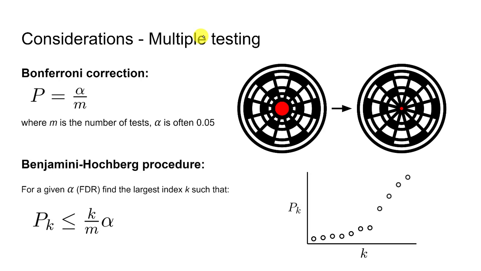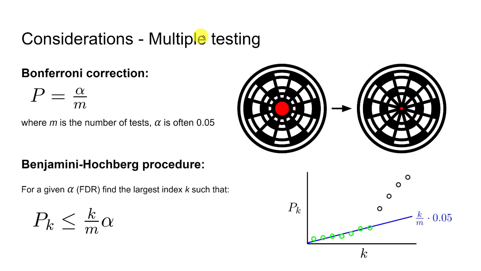So another way to do this, and we're going to be very quick about this, is an FDR-controlled procedure, and a very simple way of doing that is the Benjamini-Hochberg procedure, where you take your p-values, you order them, and then you set an alpha, which in this case is your false discovery rate, which is slightly different from your family-wise error rate.